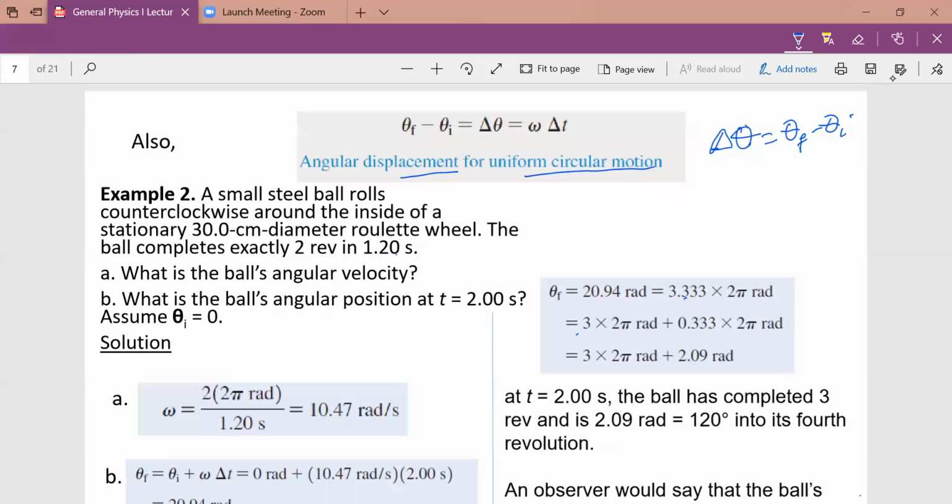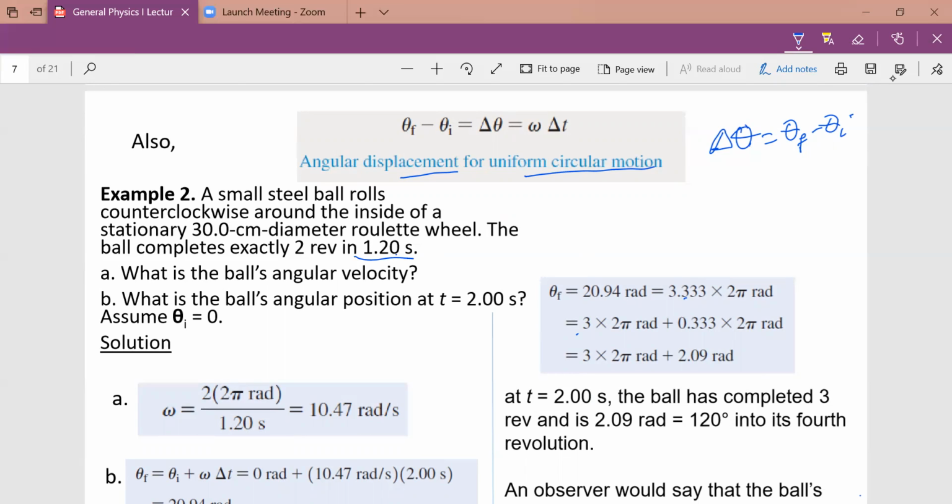So let's take an example to see how we apply this to solving problems. A small steel ball rolls counterclockwise around the inside of a stationary 30.0 cm diameter roulette. The ball completes exactly 2 revolutions in 1.2 seconds.